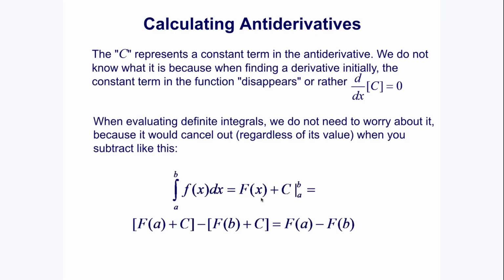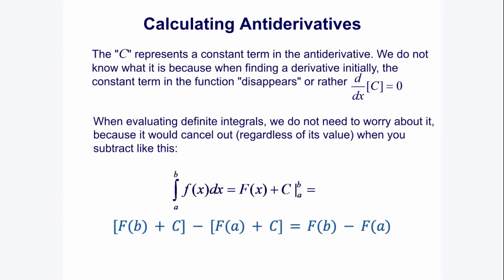But I know that there could potentially be a constant in this function, because when I take the derivative of capital F of x, that constant would cancel out to 0. Okay, the slide just changed because I had to fix this. When we solve this integral, we take our function and plug in our upper limit, so F of b plus our constant, and then we subtract our function with the lower limit plugged in, which is capital F of a plus c.